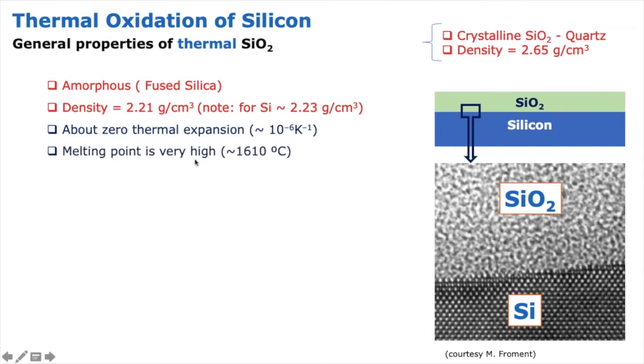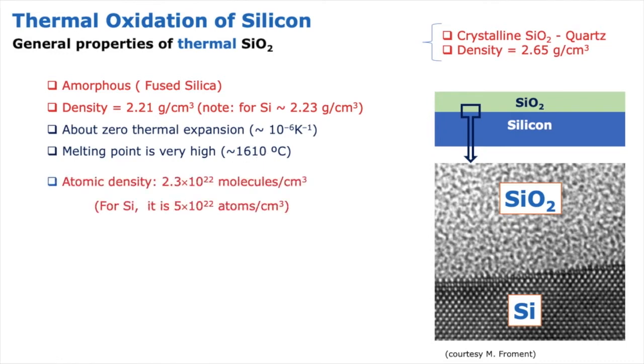Melting point is of course very high, around 1600 degrees centigrade, and so these are a few more numbers. Atomic density is 2.3 times 10 to the power 22 molecules per centimeter cube, whereas for silicon it is a little bit higher, because silicon dioxide is a bigger molecule.